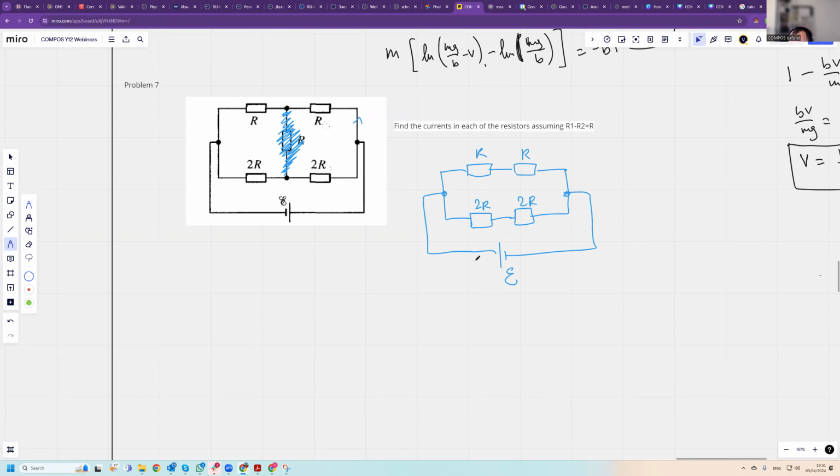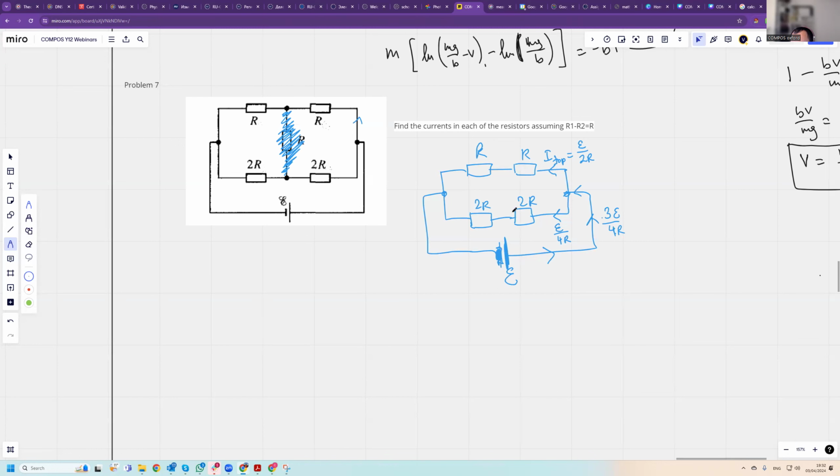The current here would be the voltage divided by 2R. So the top current is EMF over 2R, and the current on the bottom is EMF over 4R. And here it's the total, EMF over 2R plus EMF over 4R. So it's 3 EMF over 4R. That's the total current.